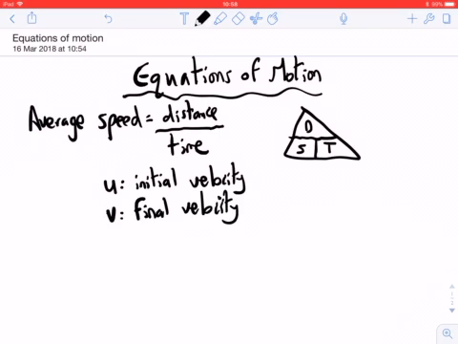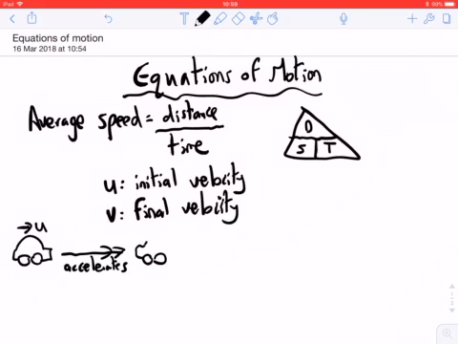So suppose, for example, I have a car here which starts off with a velocity of u and then it accelerates and its final velocity is v. Easy to remember because u comes before v in the alphabet. So we have u initially and v finally.